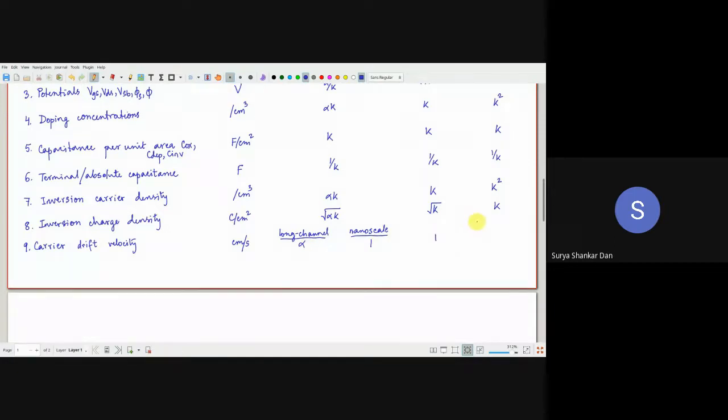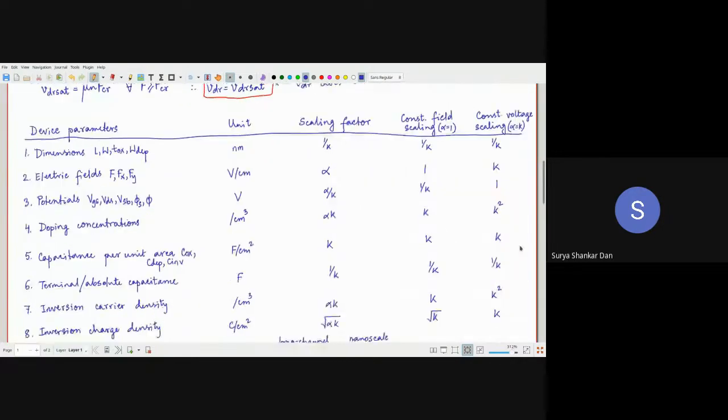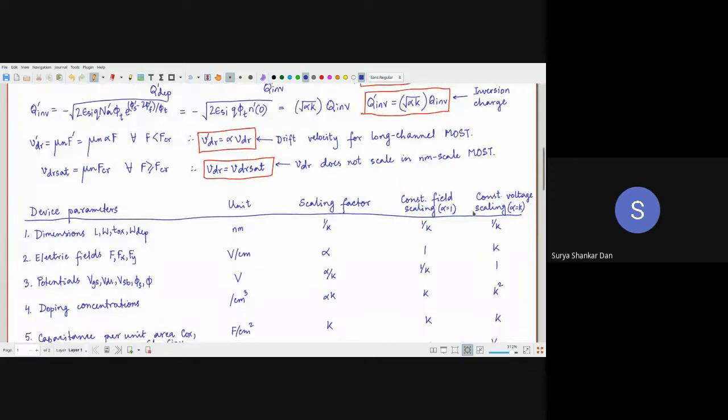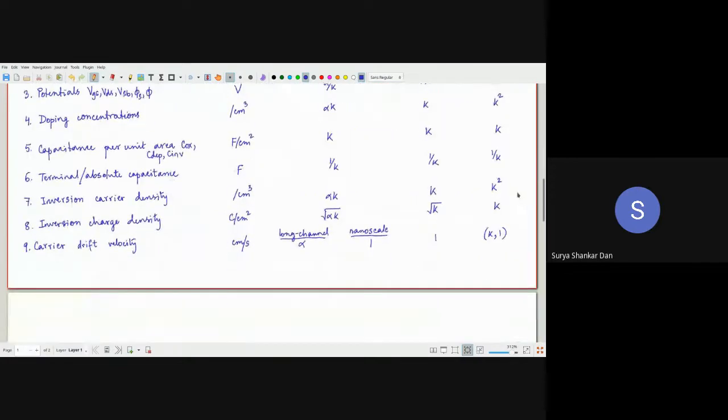Whereas in case of constant voltage scaling, for the long channel device, it is going to be K. In the short channel, it is going to be 1. If it is short channel, meaning nanoscale, if you are applying constant voltage scaling, either alpha is equal to K, or for nanoscale, it will be 1. So ये वाला समझो इस बात को.